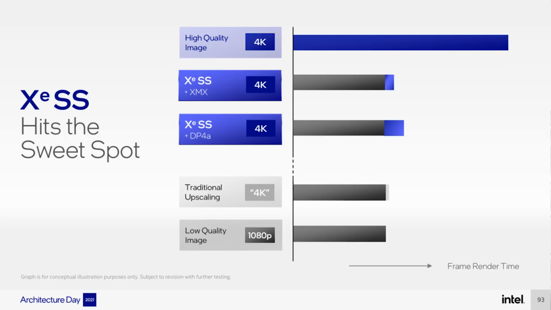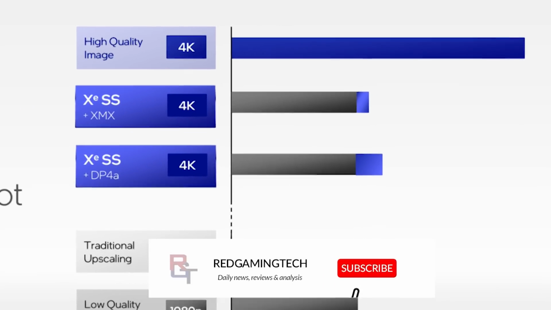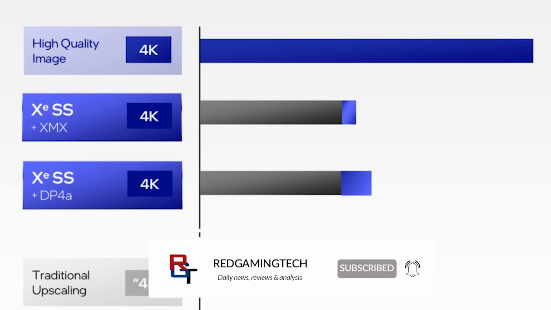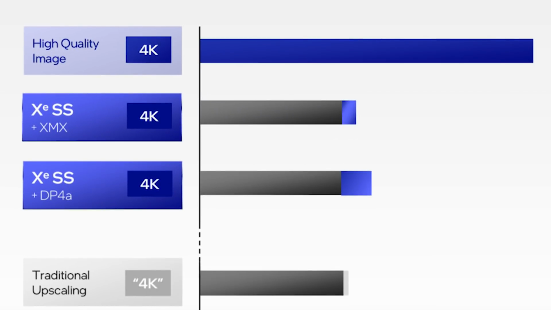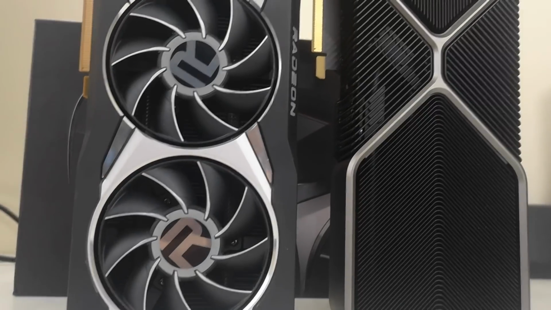Notice the purple bit at the end of the grey for DP4A and XMX. The grey represents the time to render a 1080p image, and the bluey purpley bit, for lack of a better way of describing it, the time to upsample. Essentially, you're still going to save a significant amount of frame time running XeSS on a supported Radeon or GeForce card versus rendering a 4K image.